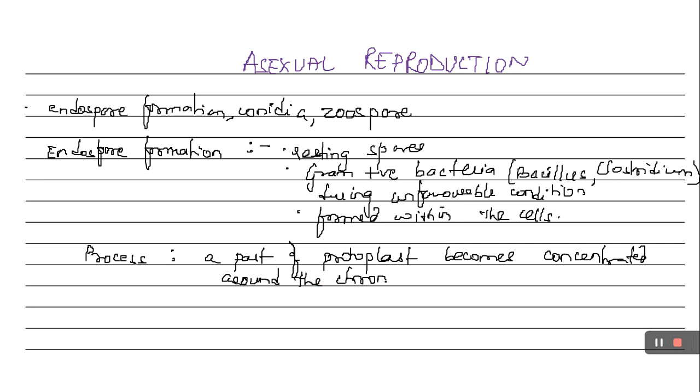So that part will become the endospore. Okay, and around that a hard resistant wall is secreted.